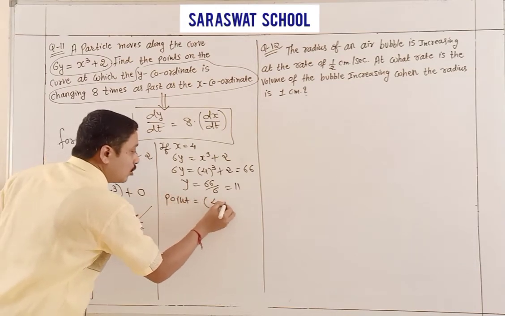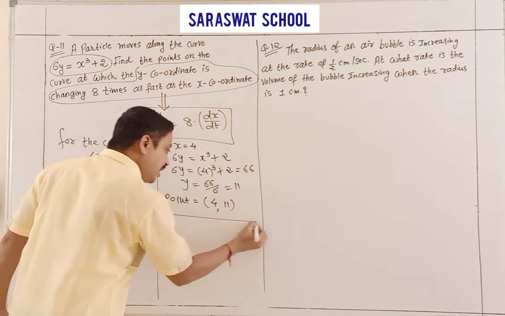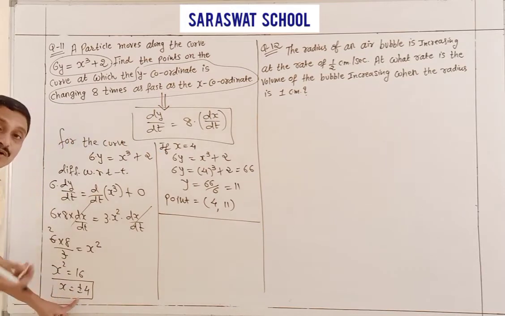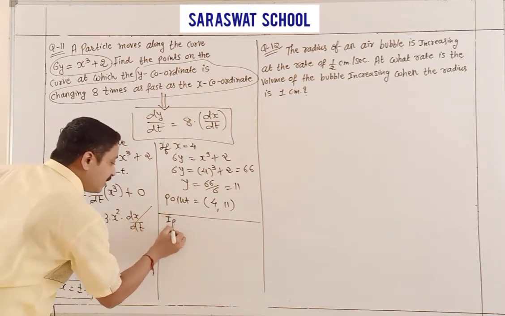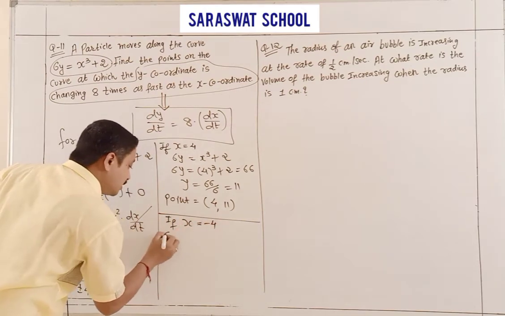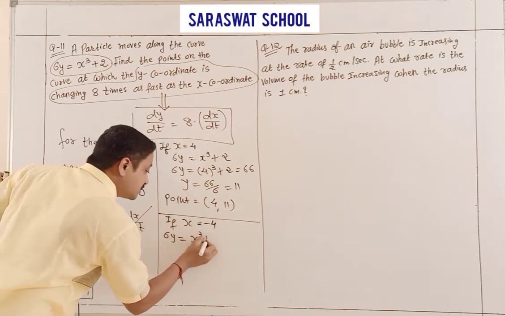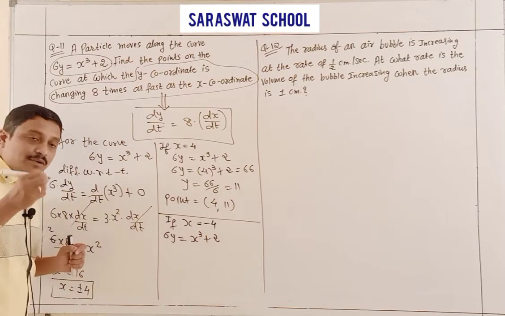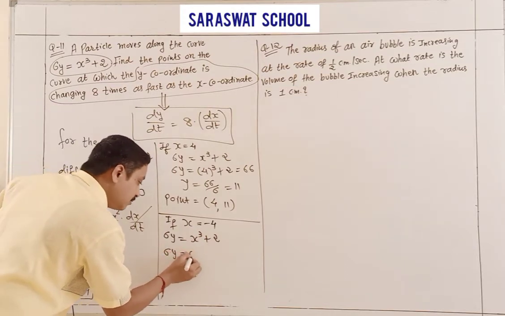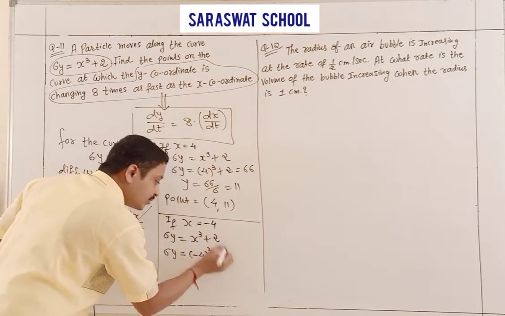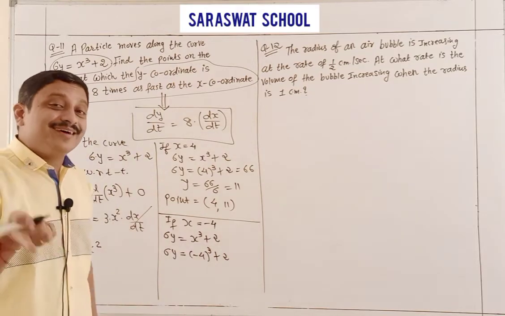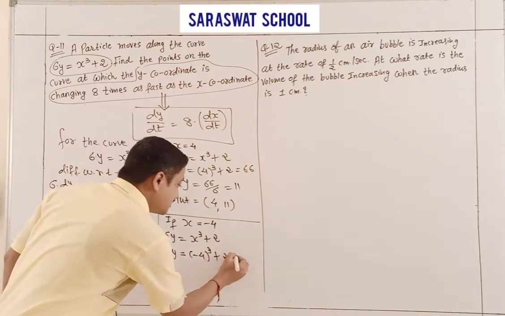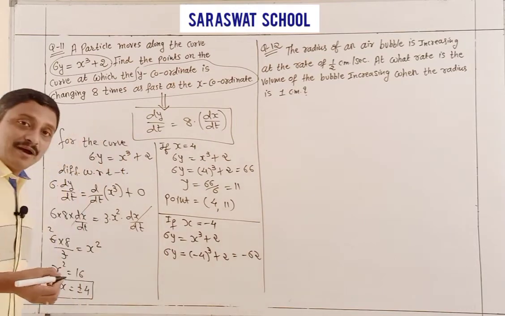It is 4, 11. Same way, x is equal to minus 4, and y we get. So if x is equal to minus 4, what is 6y? X cube plus 2. Put down x, my x value is minus 4. Means minus 64 plus 2, means minus 62, divided by 6.